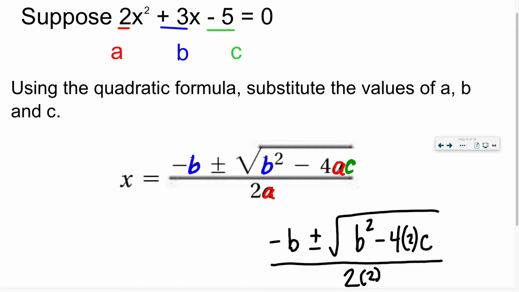It's just a 2. Anywhere you see a b, you're going to put that b value. It's a 3. You have to be careful here because the first term is negative b, so I'm going to put that 3 in parentheses. If it were a negative, it would have been negative, inside parentheses, negative 3. And then here I have another 3. And then anywhere I see a c, I'm going to plug in a negative 5.